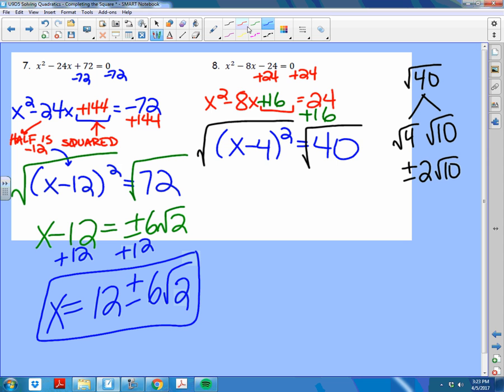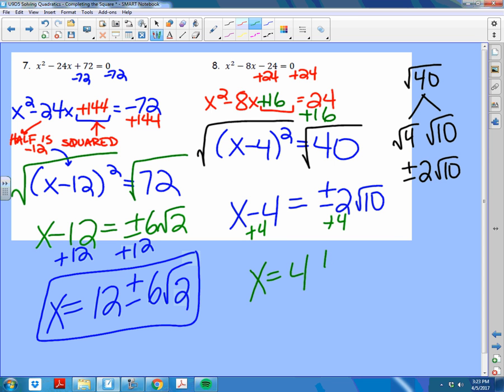So what you end up with is x minus 4 equals positive or negative 2 times the square root of 10, which you add 4, and x equals 4 plus or minus 2 square root 10.